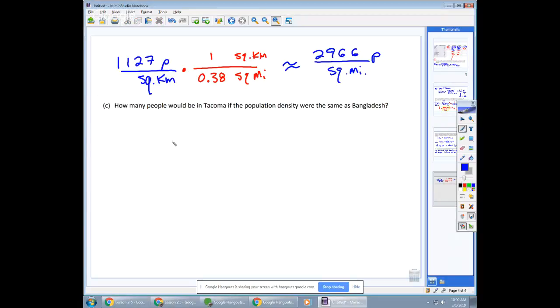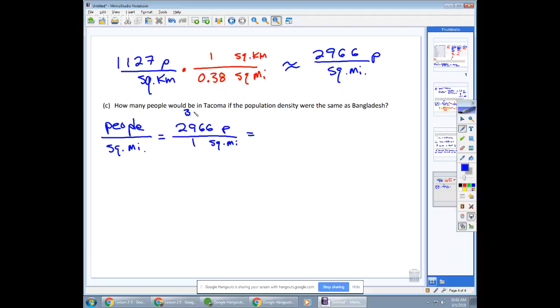So we're going to set up a similar proportion. People go on the top, and square miles go on the bottom. We're using Bangladesh as our standard, so that's going to be 2,966 people per 1 square mile.